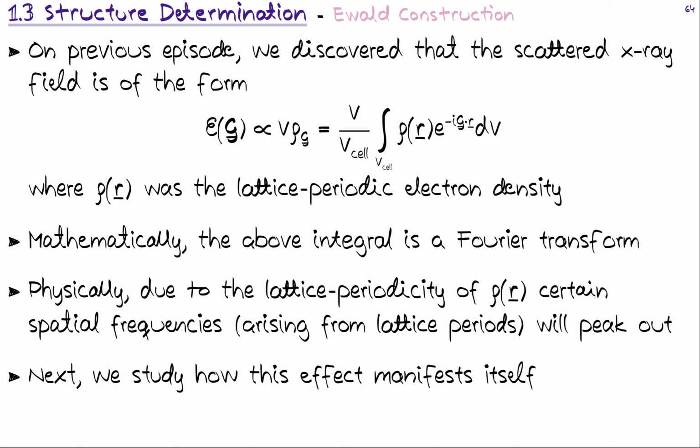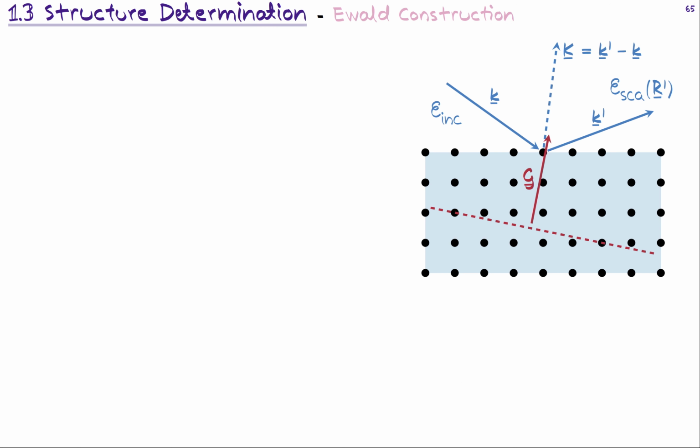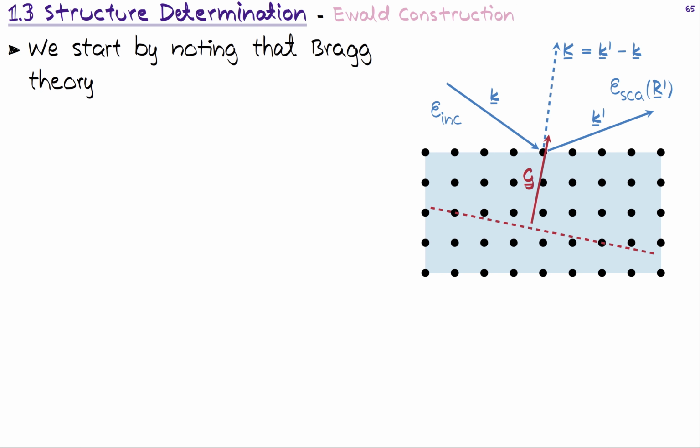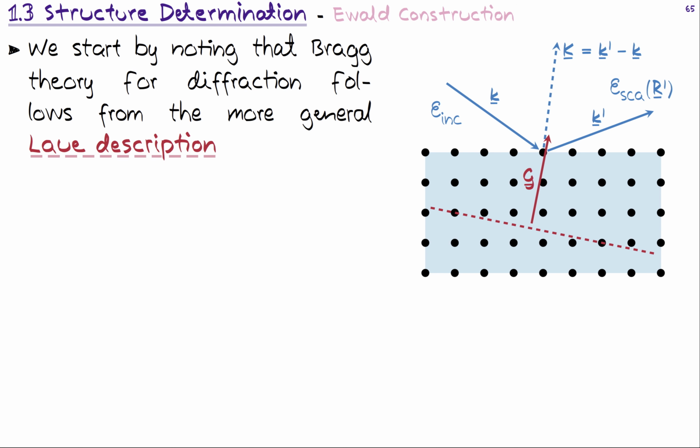And next we will study a little bit how this effect happens and how we can graphically understand when these conditions are being fulfilled. And we start by just noting that the Bragg theory that we treated early on is really just a special case of this more general Laue description we have now formulated.